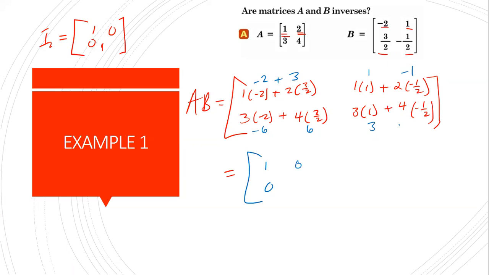This is 3 plus -2. And that equals 1. And what do I end up with? I end up with 1, 0, 0, 1. So what does that mean? That they are inverses. So the answer would be yes. A and B are inverses.